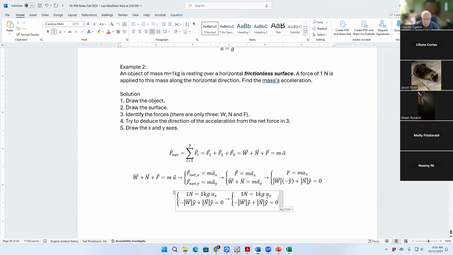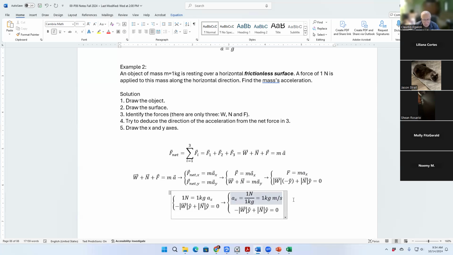The acceleration is going to be 1 Newton divided by 1 kilogram, okay? Which, by the way, is going to be 1 kilogram meter per second square, right?